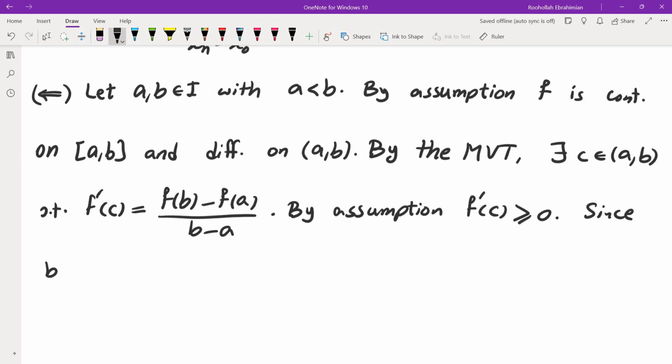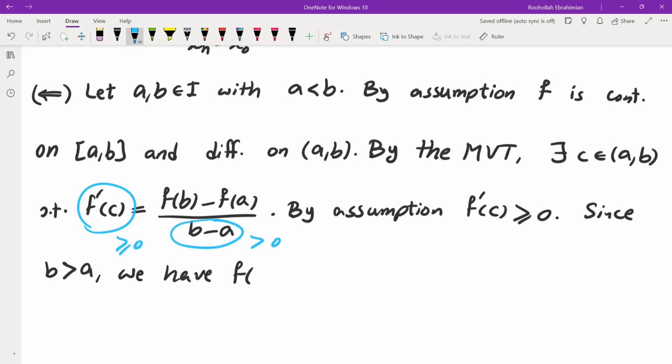Since b is greater than a, this is greater than or equal to 0. This is positive. So the numerator must also be non-negative, which is to say f of b is greater than or equal to f of a.